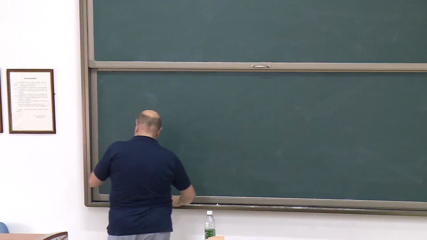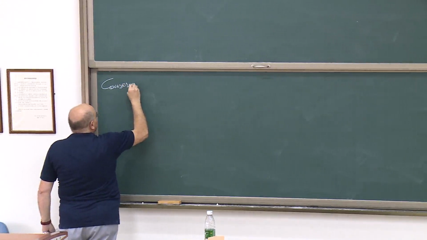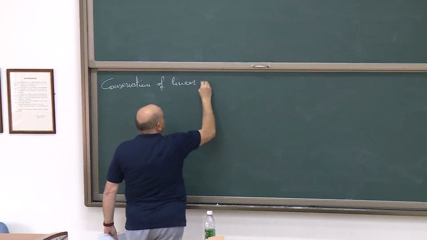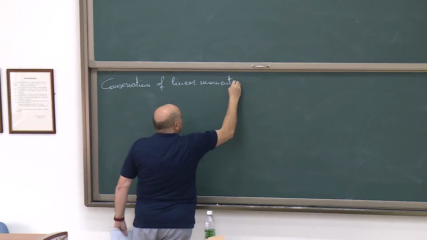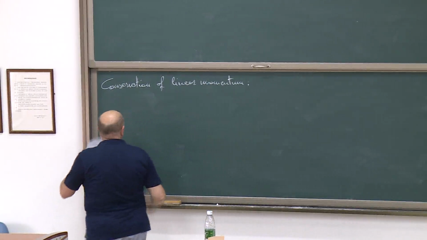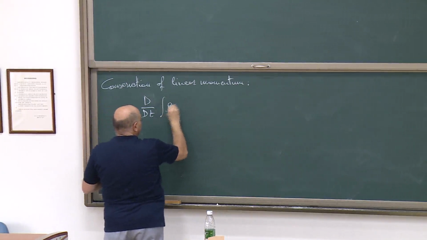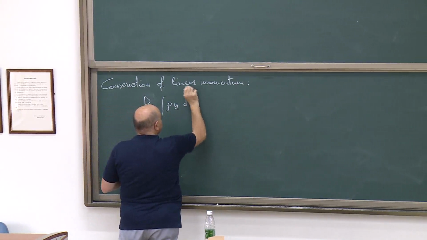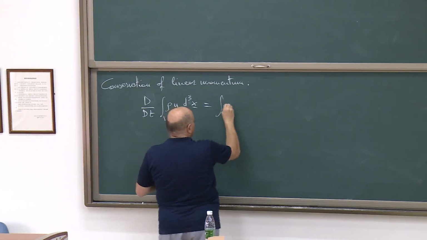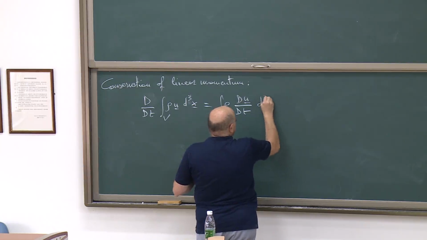Okay, so we are now ready to prove conservation of linear momentum. We start from what we just found: d/dt of the integral of rho u d3x is equal to the integral of rho du/dt d3x.